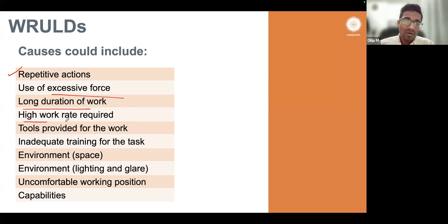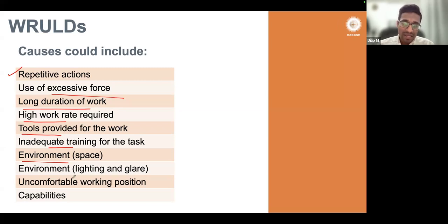Or where a high work rate is required, or where there is inadequate training, for example, the worker is not trained on how to maintain a correct posture when they are at work. Or if you're working in an environment with very limited or constrained space, where you're not able to adopt different body postures.